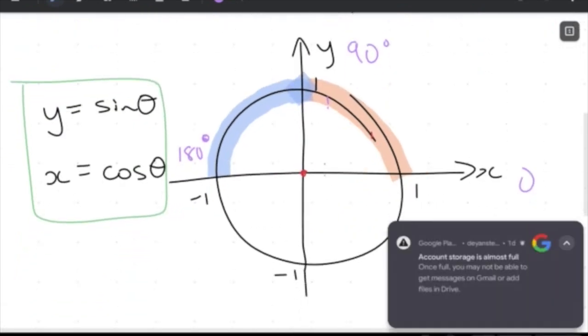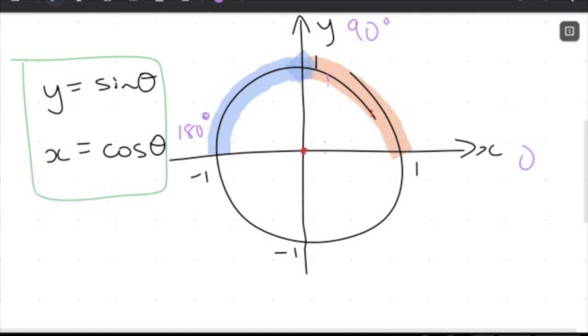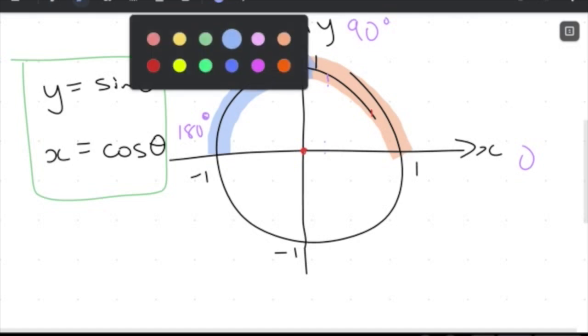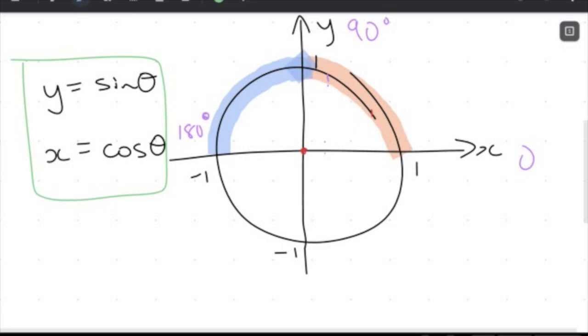Okay, now that's where it gets a little interesting. If we keep drawing here, now we said in the third quadrant, my tan is positive, my sine is negative. So my ratio gets smaller and smaller because if I have some angle like this, now I'm in the negative y-axis.